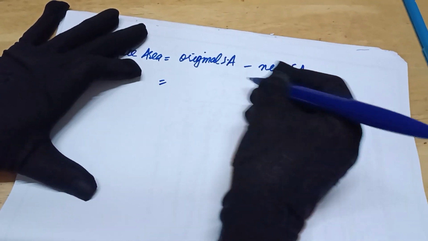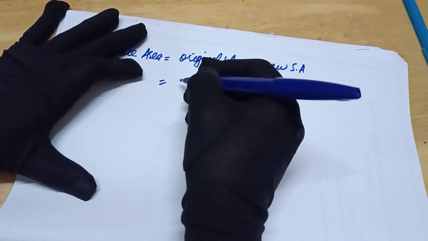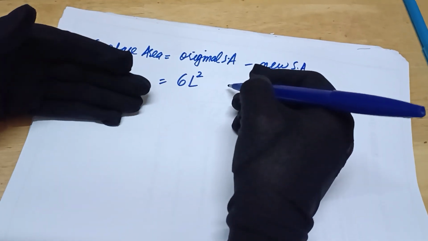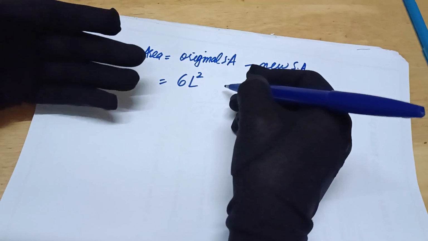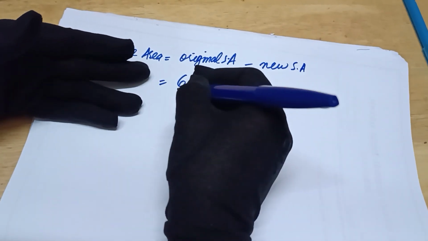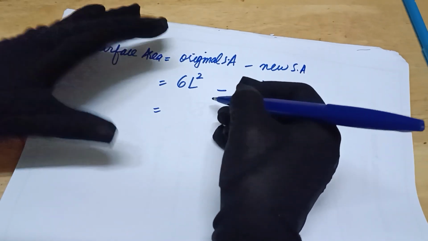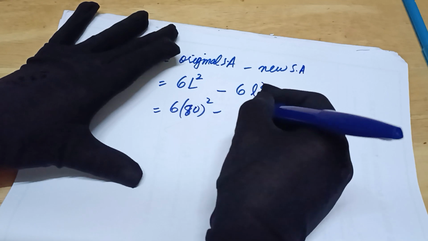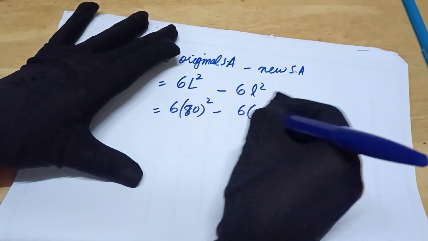Because a cube has all faces the same, as I told you, it is 6 times, and as we are using capital L for the bigger value, so 6L square minus 6l square. You can take 6 common, then put the values, or directly you can write the values. It was 6 times 80 square minus 6 times 72 square.